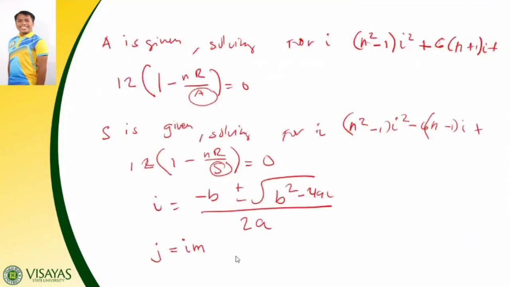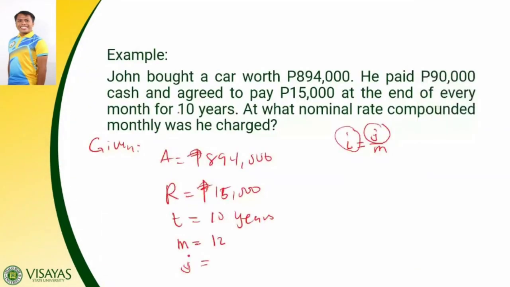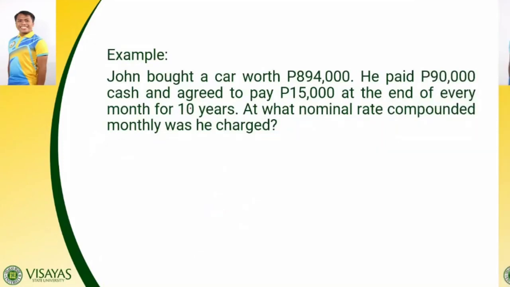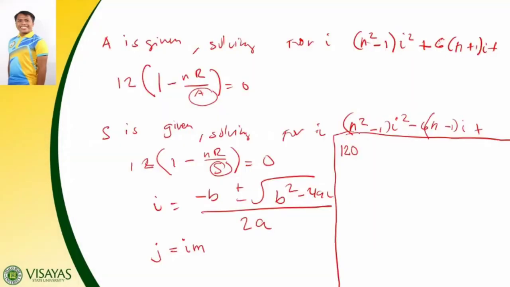So using the formula here, let us write our solution. That will become 120, because it is 10 years monthly, so 10 times 12. So that's 120, your n.